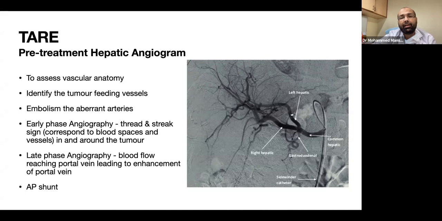Now, this is a bad sign in the angiogram, which suggests that there is an arterioportal venous shunt. And what it means is the particles that you're going to inject into the feeder artery are going to bypass the tumor capillaries and reach the portovenous circulation, causing damage to the healthy liver and also to the extrahepatic sites.